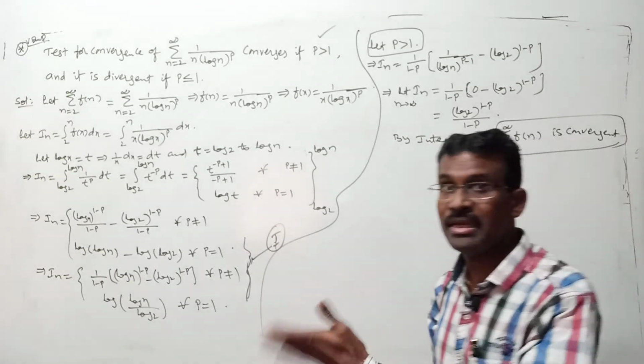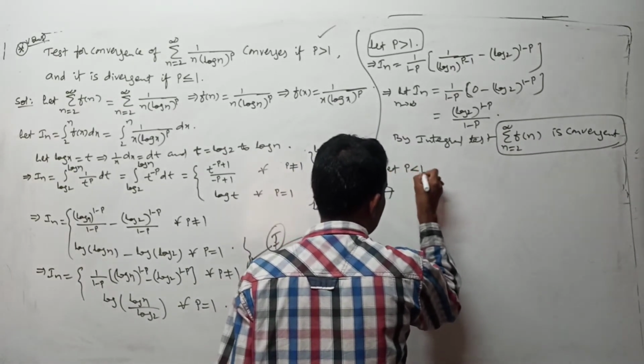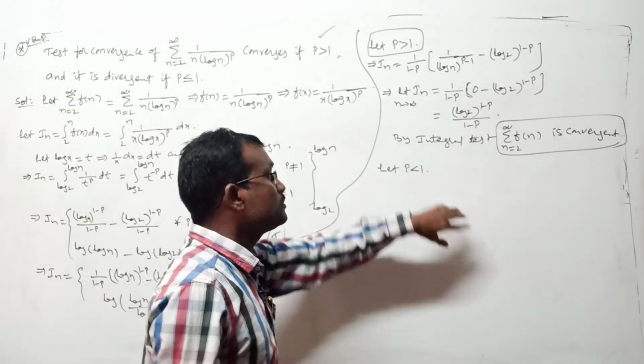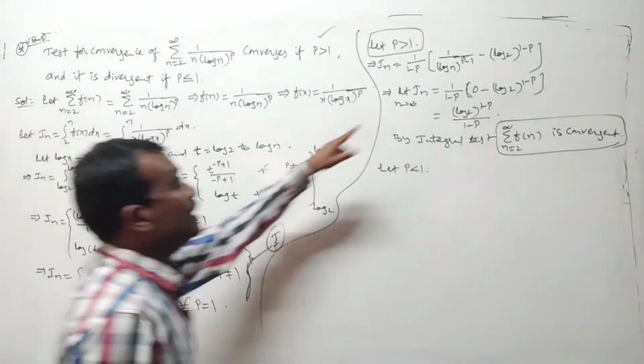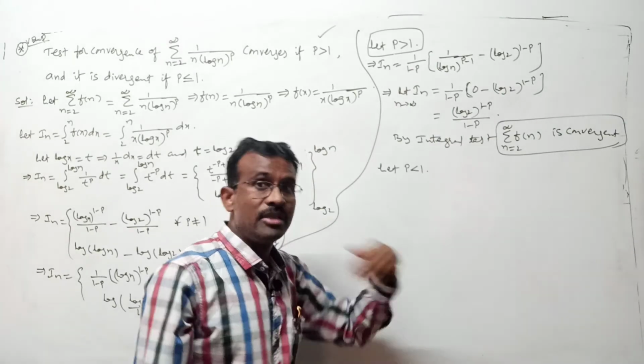Next go for the p less than 1 case. Let p be less than 1. But here remember, whenever p is less than 1, now 1 minus p is greater than 0. Earlier we were writing 1 minus p as p minus 1 because p was greater than 1. But here 1 minus p is greater than 0, that's why keep it as it is.